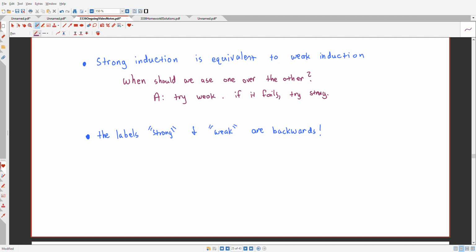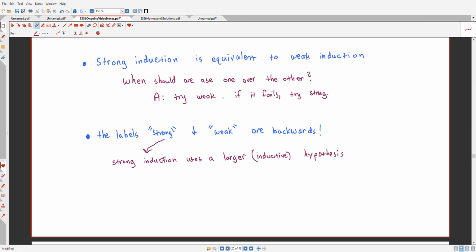And so why is that? Well, here's the thinking. Under strong induction, as I just showed you, this technique uses a larger inductive hypothesis. And that's true, you're assuming more, which makes it seem like, oh, I have more to use.